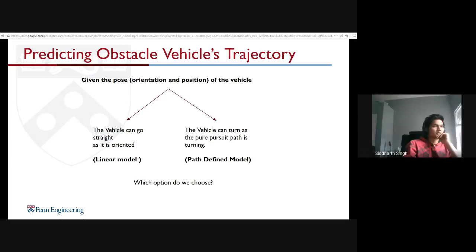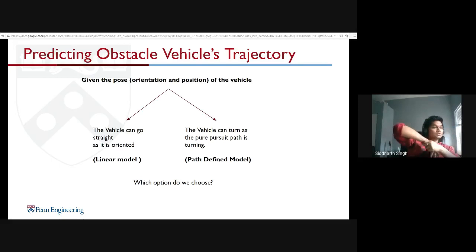But if we are just talking about the racetrack, and say the pure pursuit path is here and my vehicle is here, do you think we should assume that it will immediately start turning? Or should it take some time and then start turning?